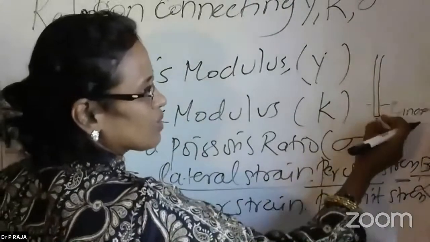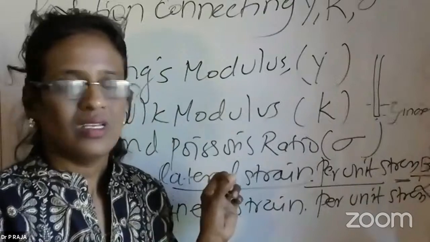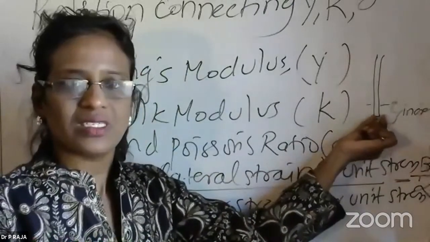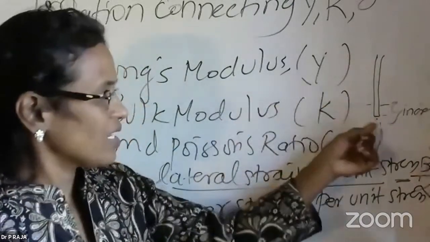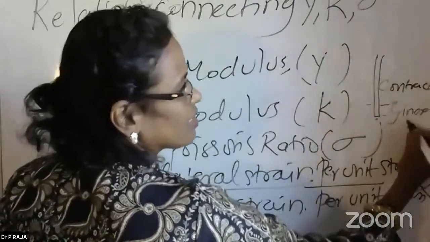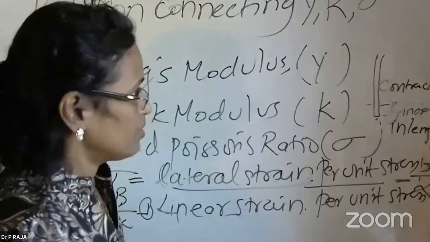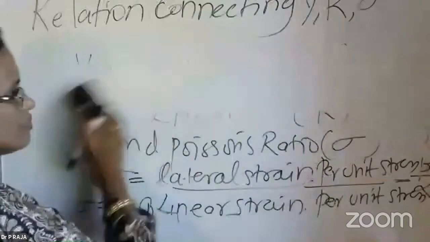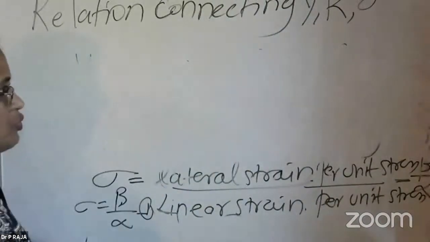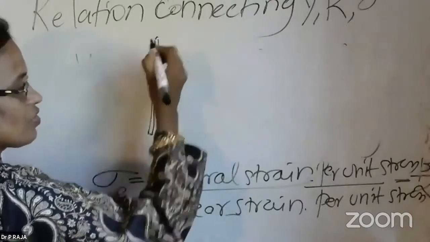And at the same time, the diameter of the wire will undergo a contraction. So that contraction, the difference in the diameter, takes place on the other side. Let's suppose you have a wire, and you are giving an extension along one side.